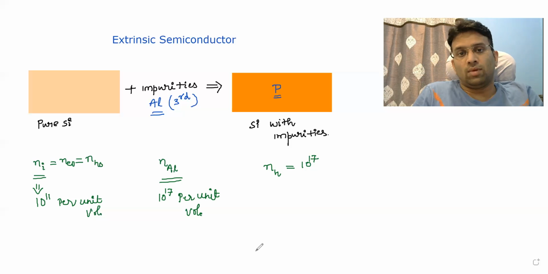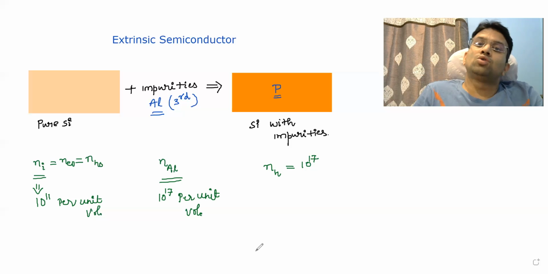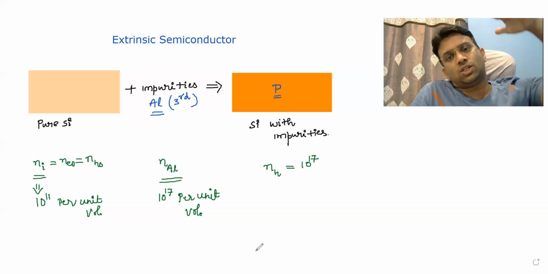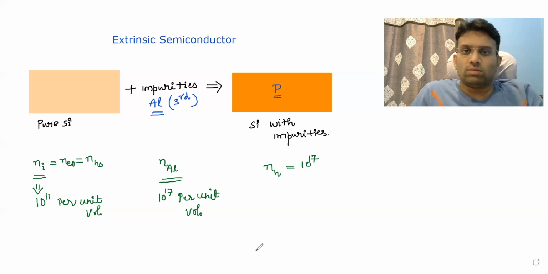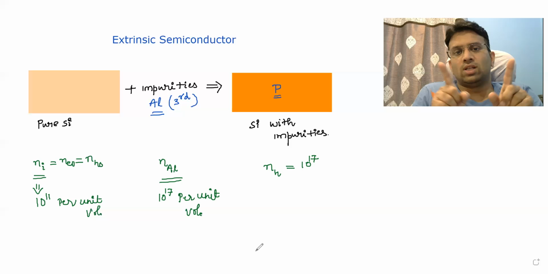If you see, to 10 power 11 holes and electrons, we have added 10 power 17 holes. So the hole density has become much, much larger than the electron density. Earlier, it was a one-on-one correspondence. So there was some electron, there is some hole.